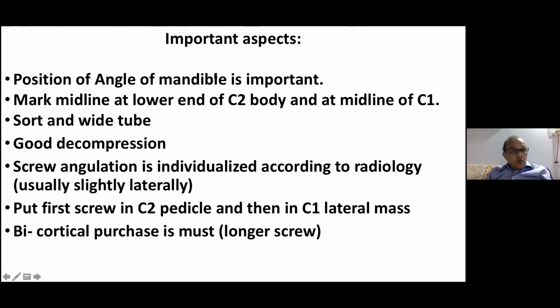If it is too low, then it is not a good case for the transcervical approach. During surgery, identify all the structures, the anterior arch of atlas, especially the midline of C1 and C2, and a short or wide tube, if you use one, is better.